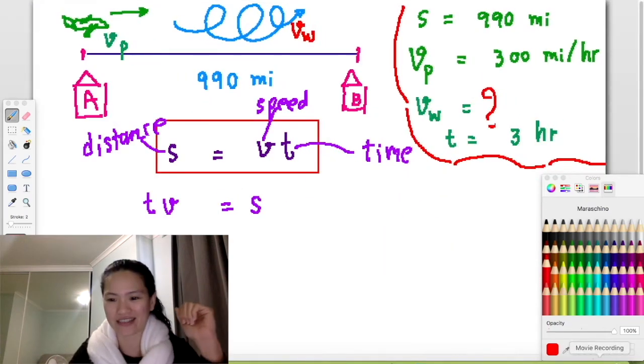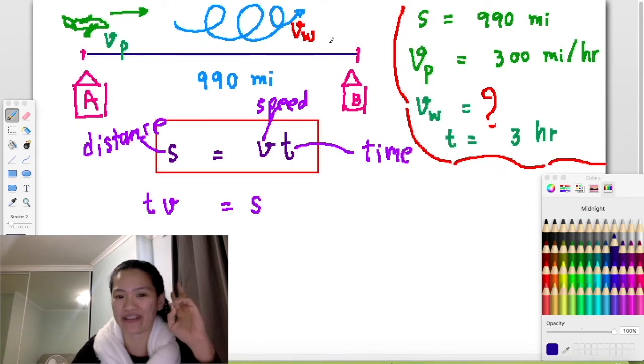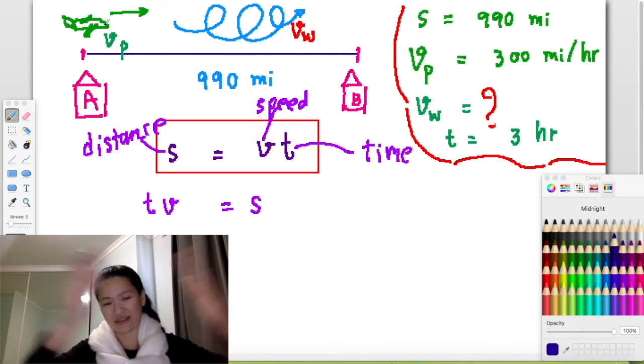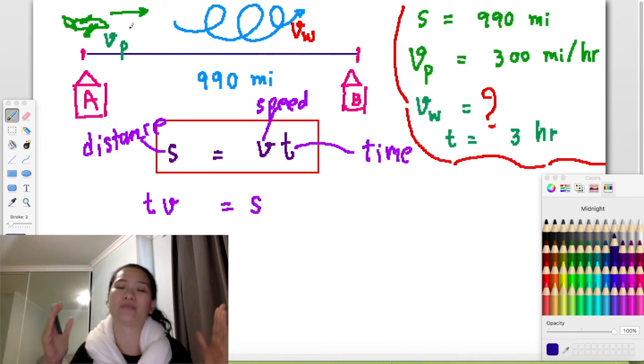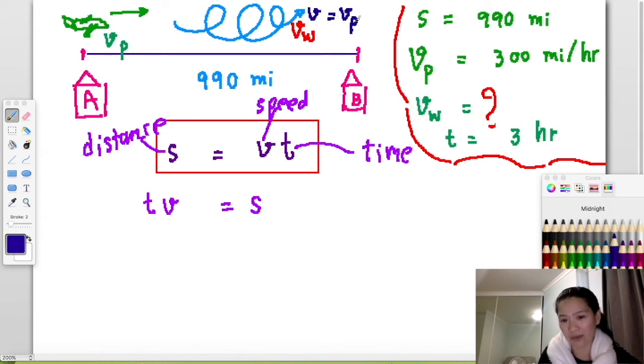Okay, let's go next. What is T? One thing that I need to tell you right now: the speed is not only the speed of the plane, but the speed of the plane plus the speed of the wind. So your V equals VP plus VW.